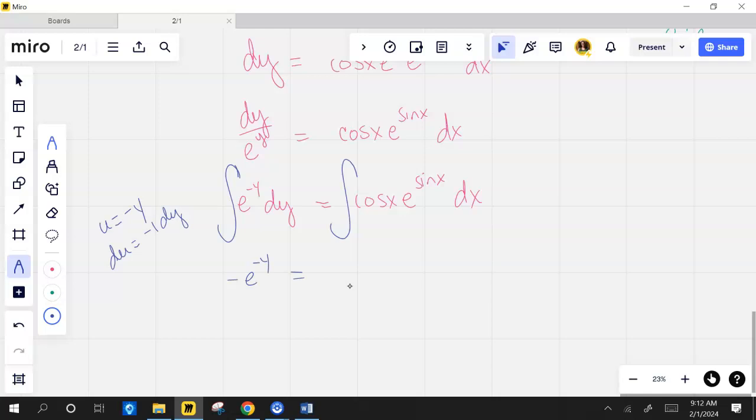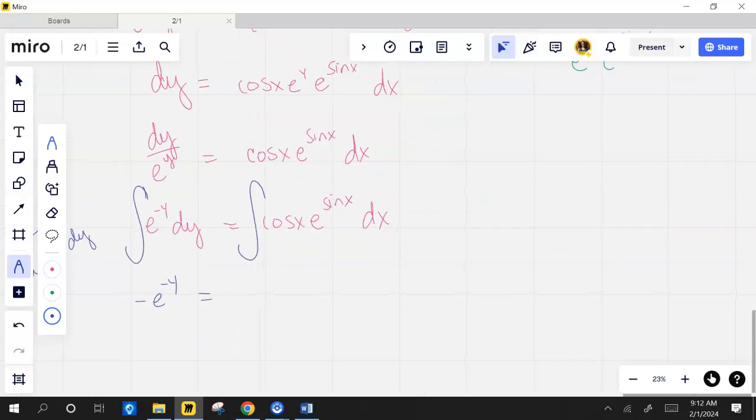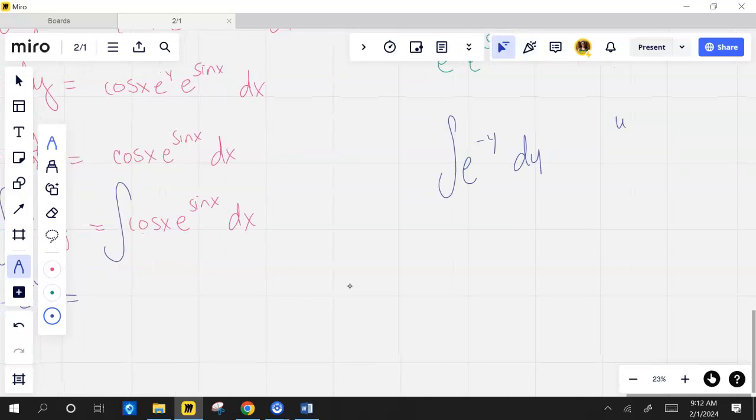Let me come over to the side with this. E to the negative y dy. If I let u be negative y, du would be negative 1 dy. I need a negative.